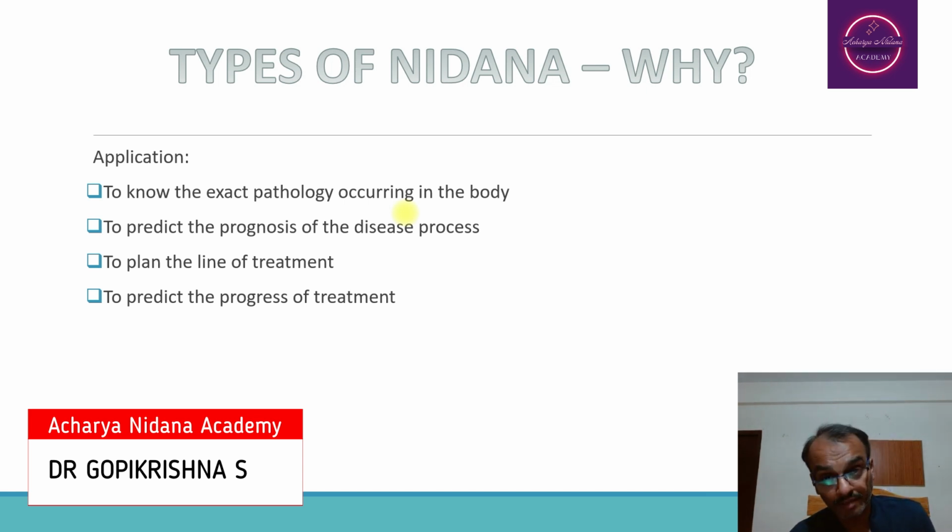Knowing the Nidana also helps to plan the line of treatment. Ayurveda says the line of treatment should be elimination of the dosha or the pathogens through the nearest route. As far as the human body is concerned, the nearest natural routes for expulsion of pathogens are the mouth and anus.